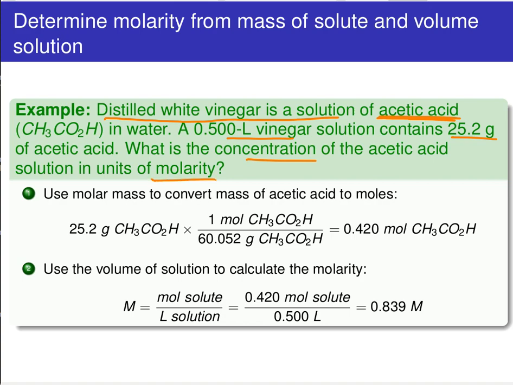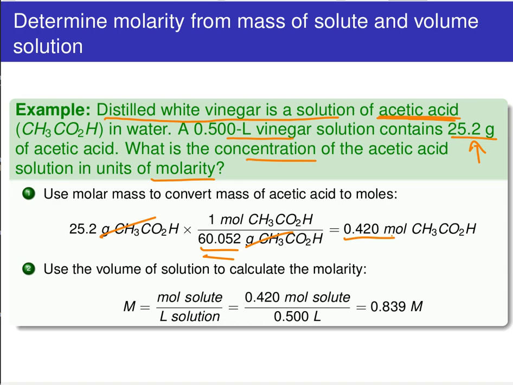All right. So again, relying on our definition of molarity, which is moles of solute over liters of solution, we need to first convert our given quantity of acetic acid in grams using the molar mass to units of moles. So dividing by the molar mass of acetic acid gives us 0.420 moles of acetic acid.